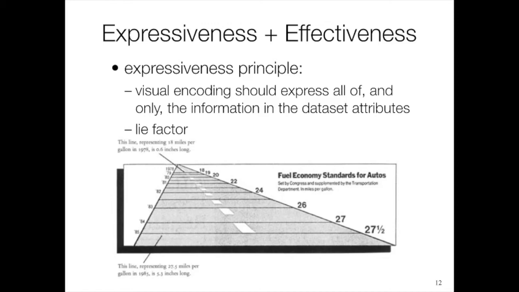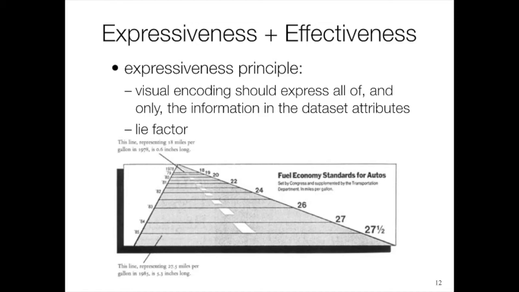And then the line in the front in 1985 represents 27.5 miles per gallon, but it is 5.3 inches long. So it is way over-representing in terms of the length of the size what the actual data is.